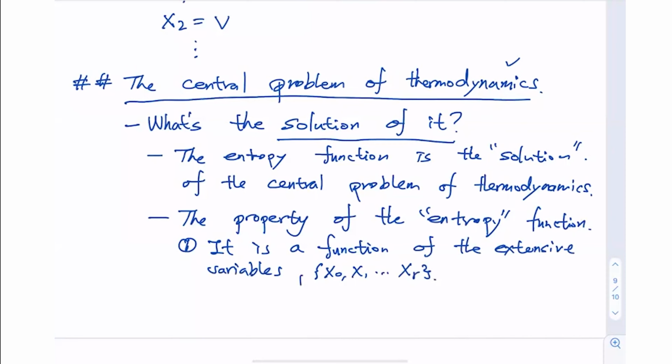That sounds obvious, because we characterize our system using extensive variables. If it is a solution of the central problem of thermodynamics, it must be a function of these variables, which are extensive. And the final answer of the central problem of thermodynamics can be figured out when we maximize this entropy function.